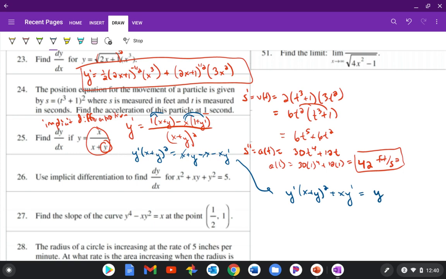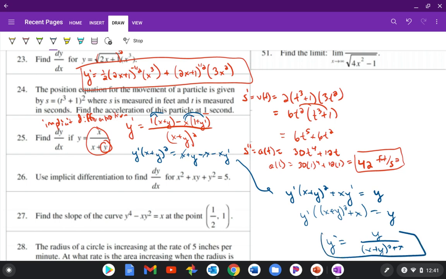We then want to pull out the y prime from these two terms, so we're left with y prime times x plus y squared plus x equals y. So then finally, y prime is just y divided by all that, x plus y squared plus x.